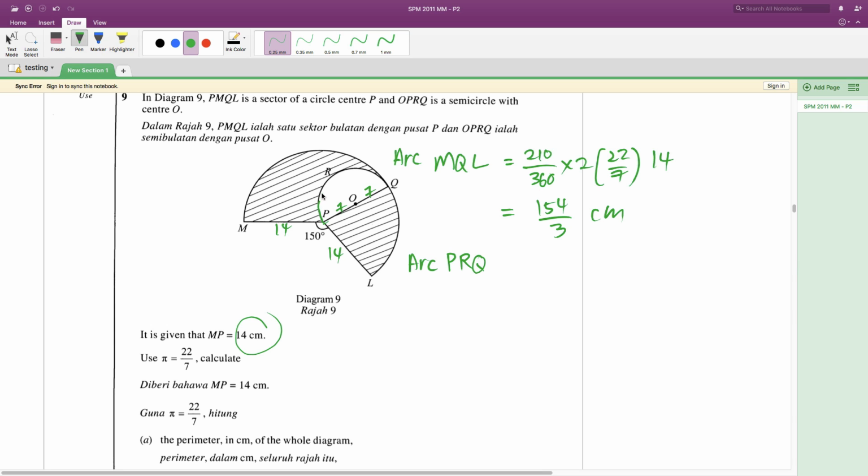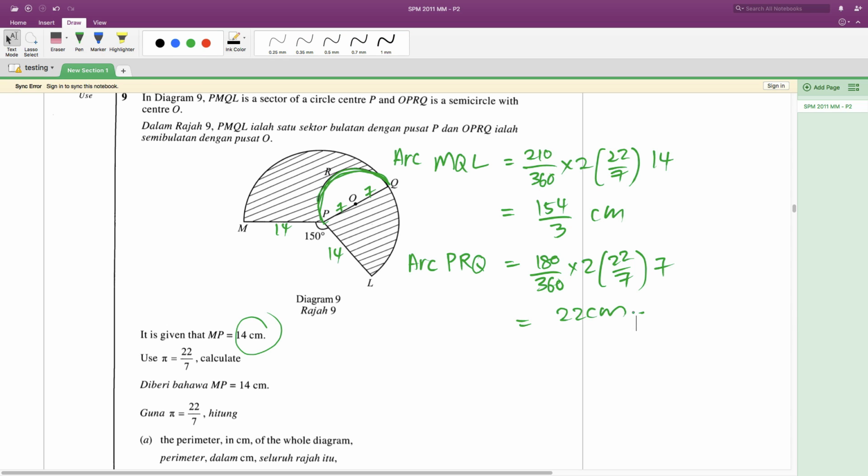Half is just 180 over 360, or you can use 1/2. I multiply 2 pi r, r is 7. Simplify: 1/2 multiplied by 2 multiplied by 22/7 multiplied by 7, and you will get 22 centimeter.